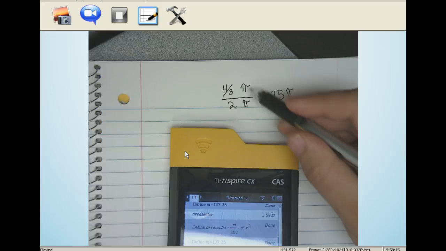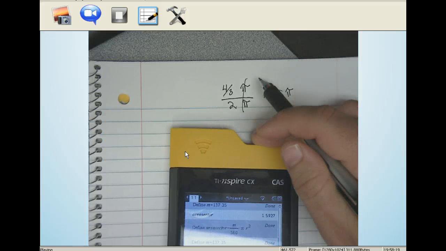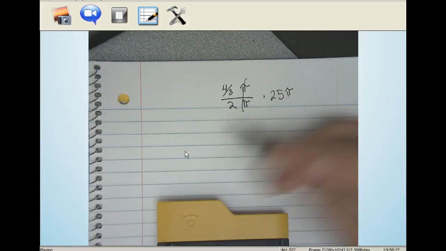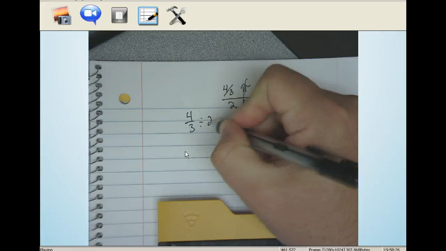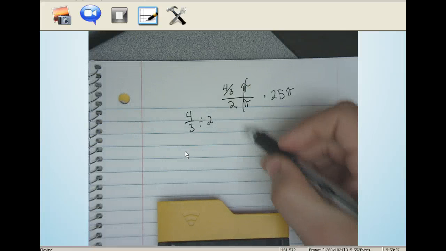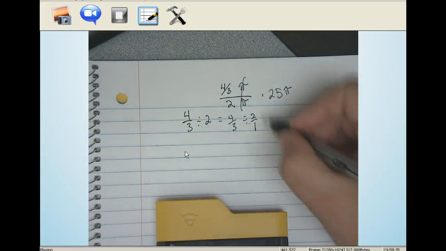So what's the first thing that's going to happen? These guys are going to cancel. And then really what do we have here? We have 4/3 divided by 2. So I can write that out. 4/3 divided by 2 is really equal to 4/3 divided by 2 over 1. How do we do that? Well, we inverse and multiply, right?